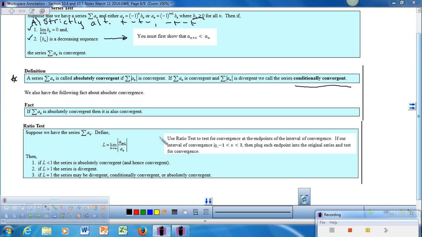So the ratio test, when do we use this? We use this first when there are factorials. The other times we would choose to use this is when we're asked to find an interval of convergence, or if we're asked to find a radius of convergence.